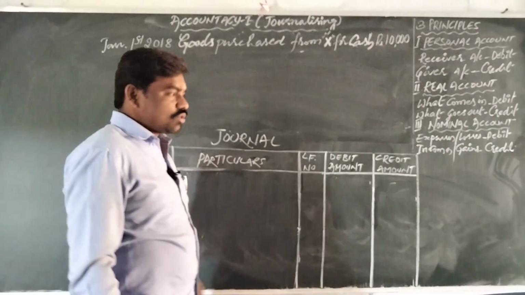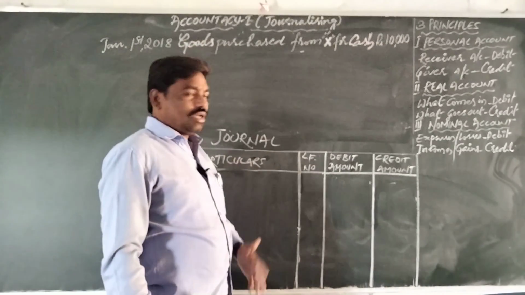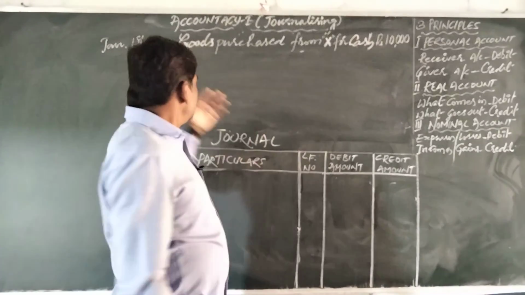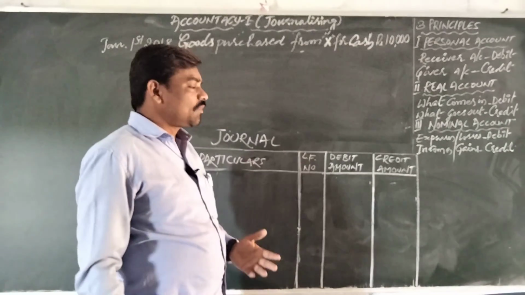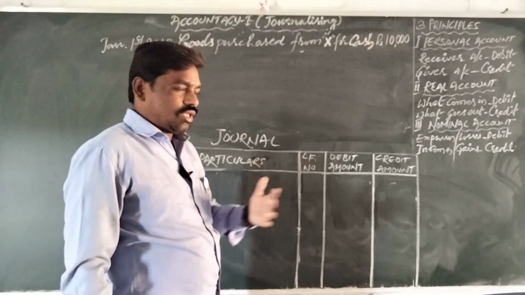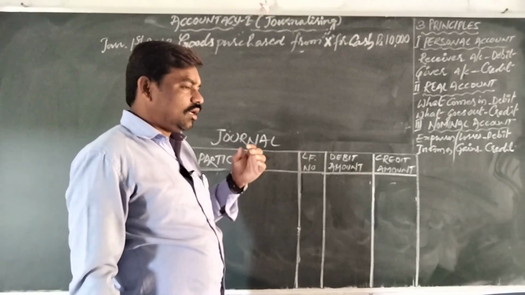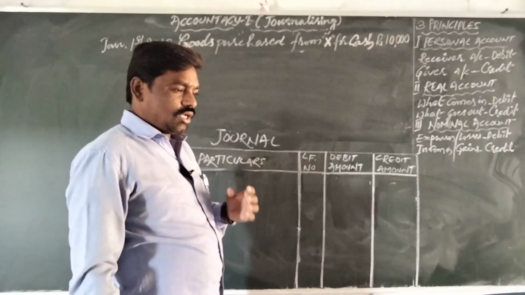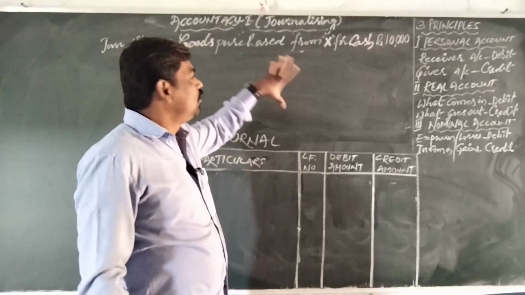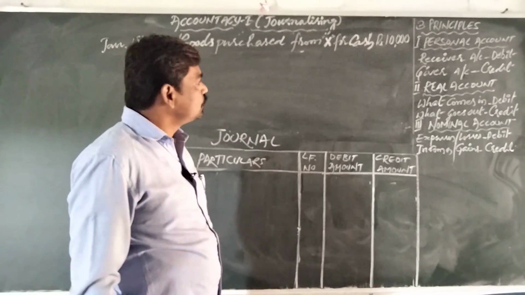Okay, students. In order to identify two aspects in the given business transaction, we have to ask some questions in our mind. First, ask yourself: is there any name in the business transaction?